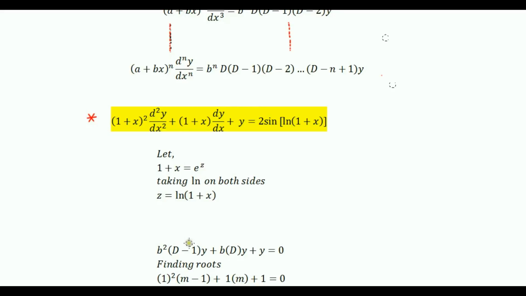Now I will find the roots of the equation, and before finding the roots, I will convert this equation in the form of this: b squared D(D minus 1) y for the square term, and b D y for this term, and y as it is equals 0.